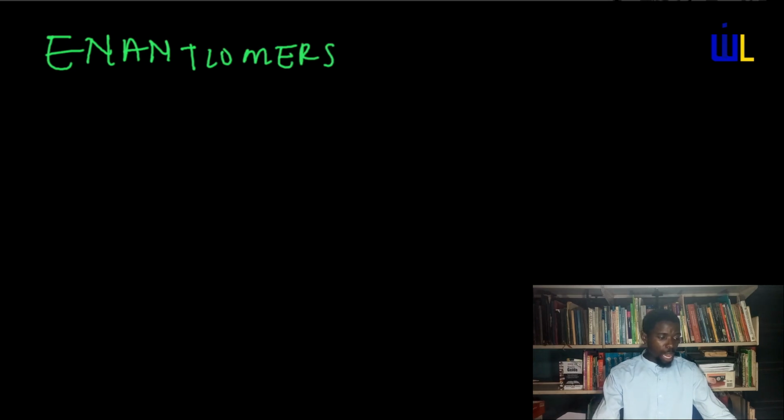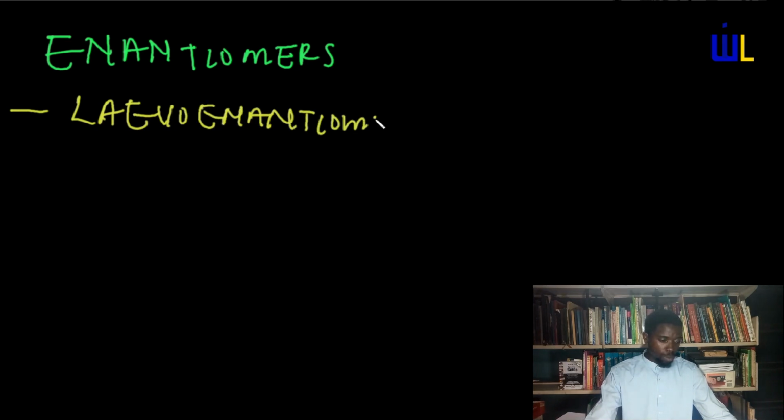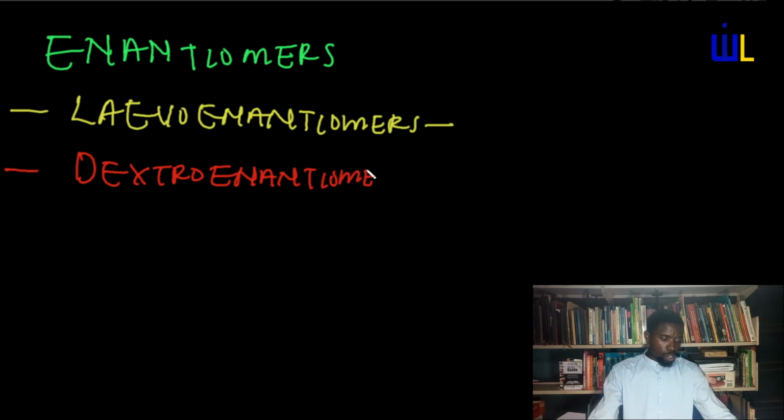And there are 2 major types of enantiomers, which are levoenantiomers and dextroenantiomers. The levoenantiomers turn the polarized light towards the left.